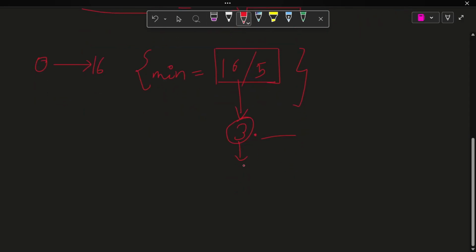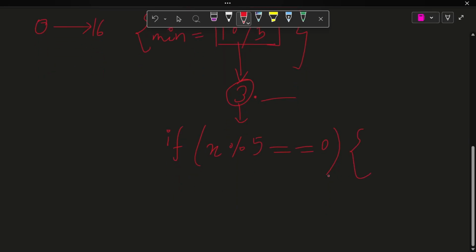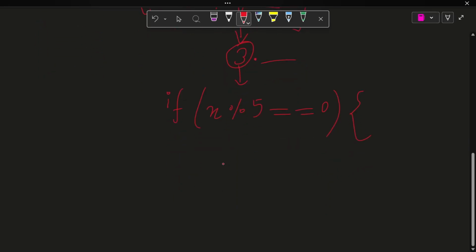What we will do is if x modulo 5 is equal to 0, which means it is completely divisible in multiples of 5, then we will just output x by 5.